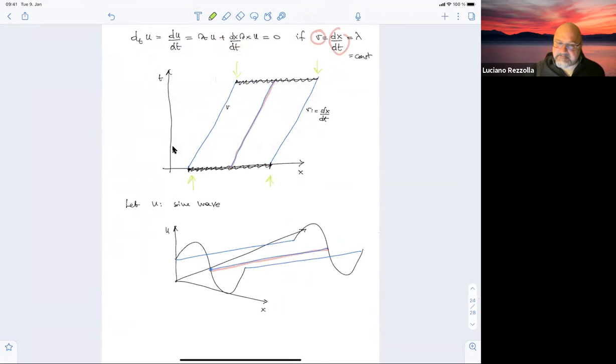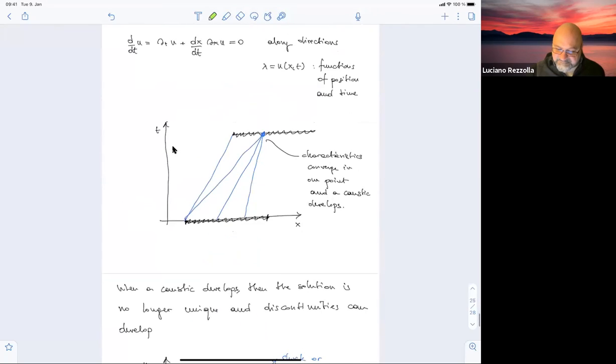But if for some reason, and the reason is that someone wants to go faster than the other, say the third car wants to go faster than the second car, then what happens? Very well, they're going to crash.